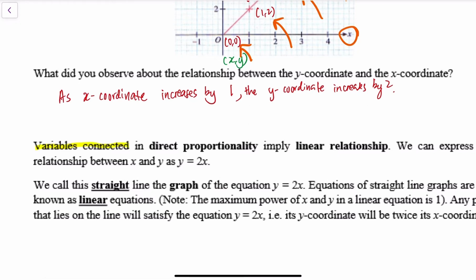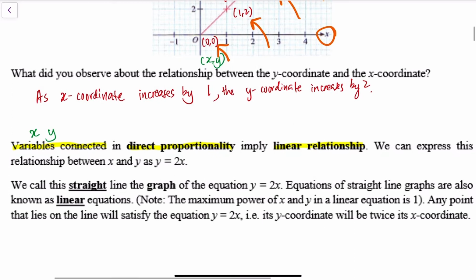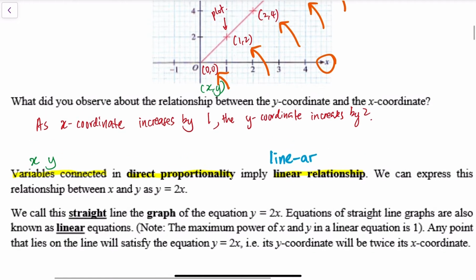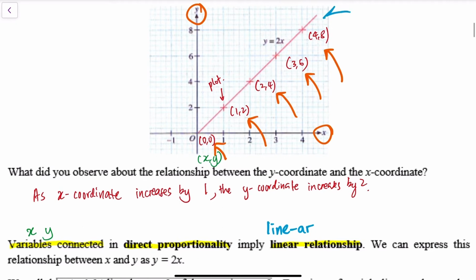So these variables are connected. The variables here, referring to your x and your y, are connected in a direct proportionality manner, meaning that they have a linear relationship. Linear comes from the word line, meaning that the relationship can be drawn onto a straight line, just like what we have over here. If you plot the points and connect them, you will get one straight line.